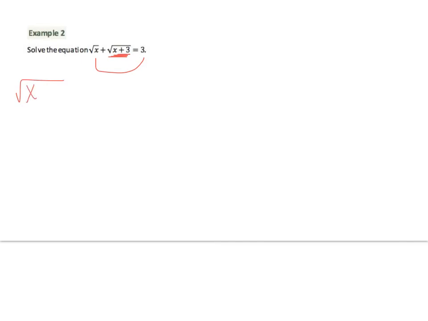If I have the square root of x plus 3 on one side and 3 minus the square root of x on the other, it's going to be a little bit easier to eliminate the radical and work through the problem. This one's going to take a few steps though, so if you think you're ready to start the classwork or the problem set, I'd watch this example first. Let's go ahead and work through this problem.